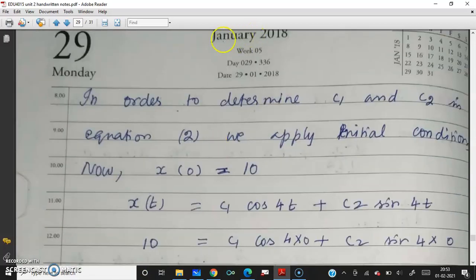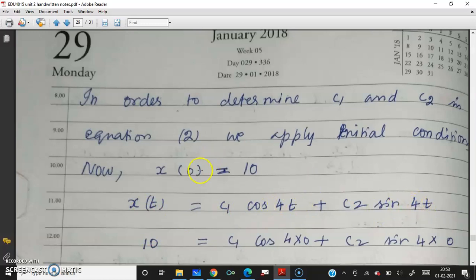Now, in order to determine c1 and c2, we have to use the initial condition, that is x of 0 is 10. It means at time 0, it is stretched to 10. Displacement is 10 at time 0. So cos 0 and sin 0, since time is 0.